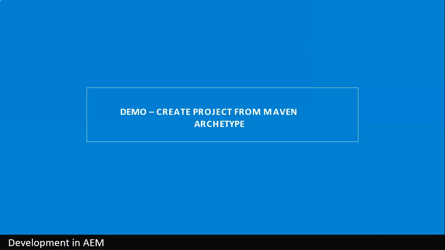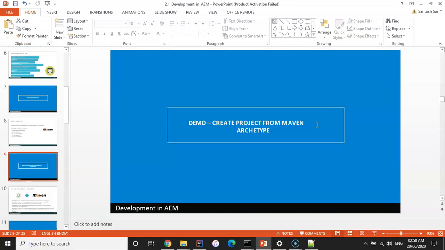Now we are going to see a small demo of creating an AEM project from a Maven archetype. Creating an AEM project from an archetype is pretty straightforward. All you have to do is get to the Adobe Marketing Cloud Archetype GitHub page.